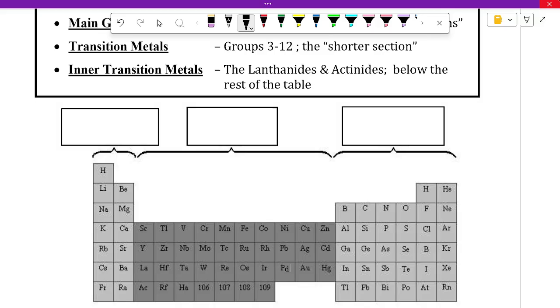We have groups 1 and 2, along with groups 13, 14, 15, 16, 17, 18. And all of those ones, 1 and 2, and all of these ones, 13 through 18, those are called the main group elements.